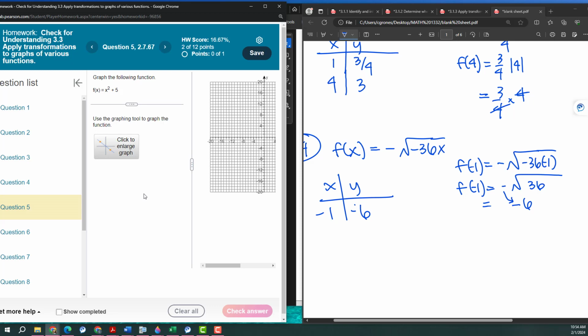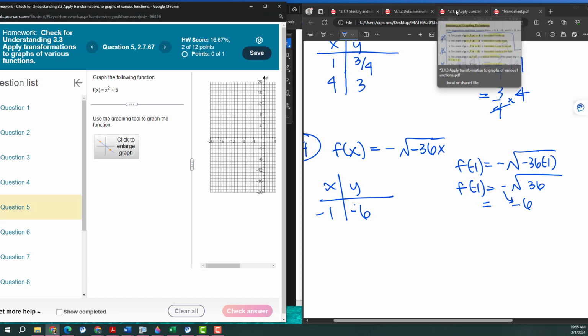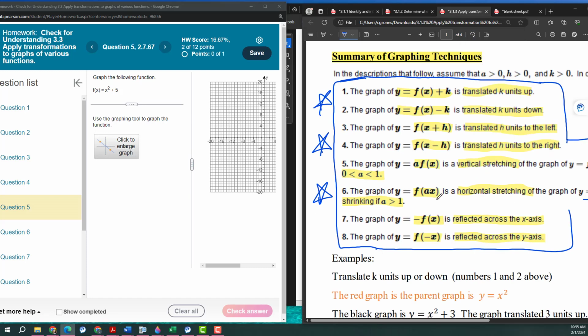Okay, number 5, graph the following function. This one is a little bit easier because it is a translation. So we have x squared plus 5. It is going to be translated k units up. So in this case, we're going to go up 5 points.